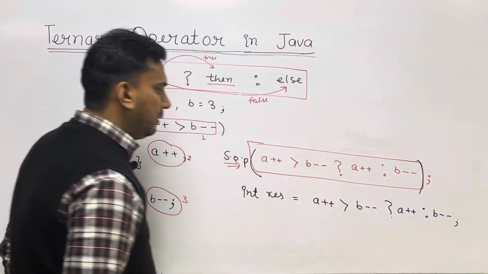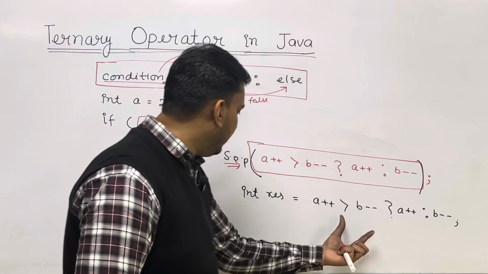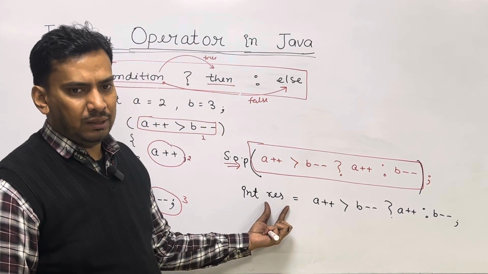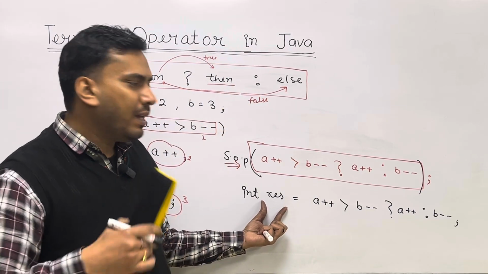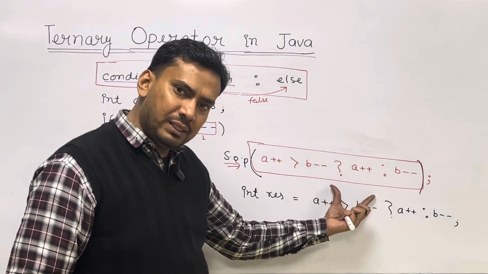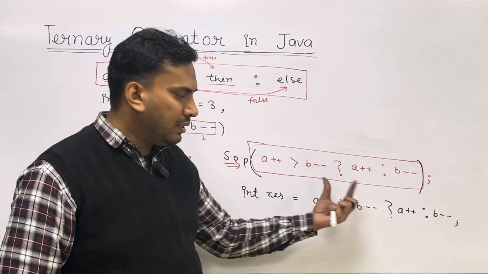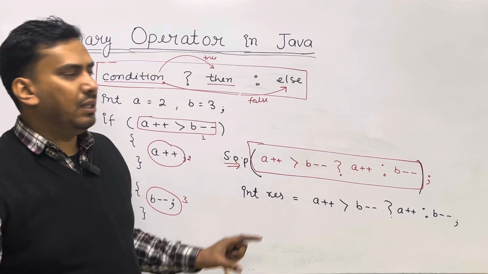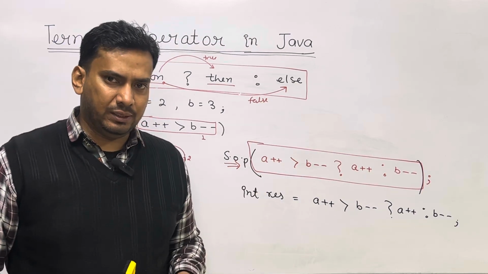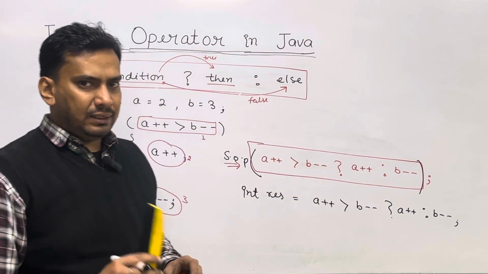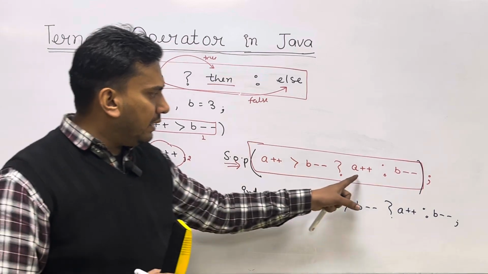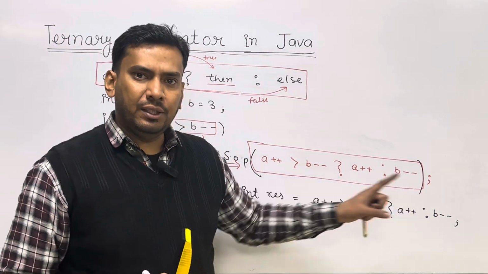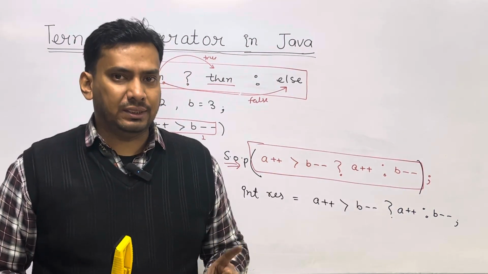What is going to happen here? The result will be stored in this variable. So you have both choices: either you print the result, or you store the result. Both options are valid with ternary operators, but the constraint is the same. In the then part and else part, you cannot have more than one statement.